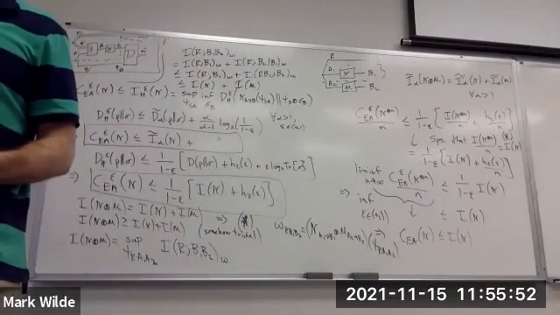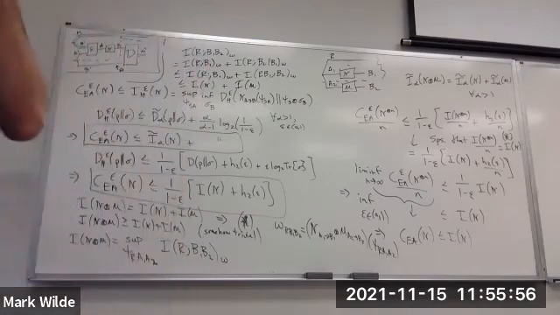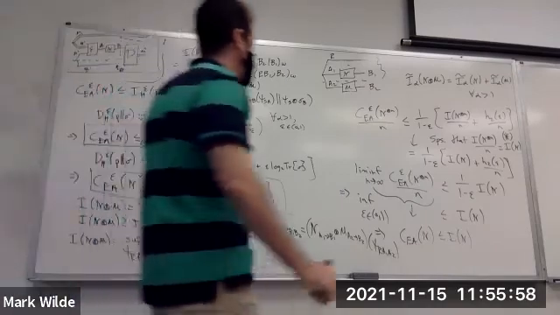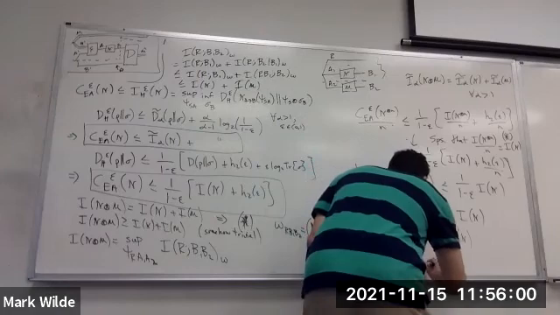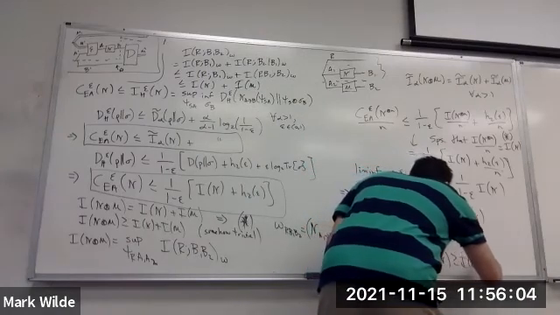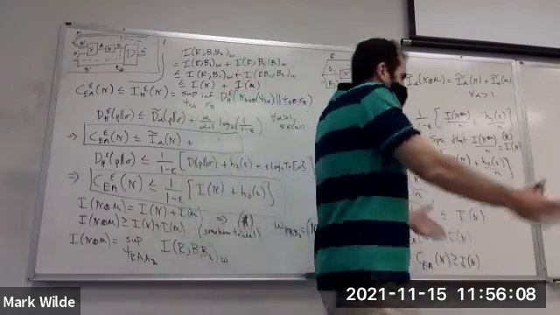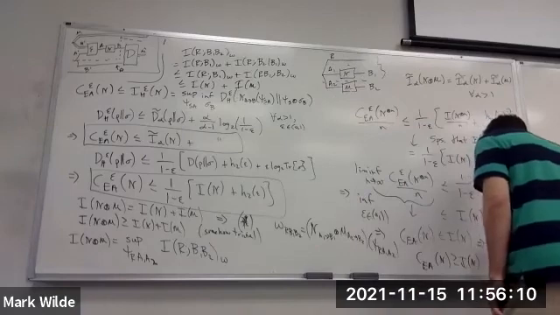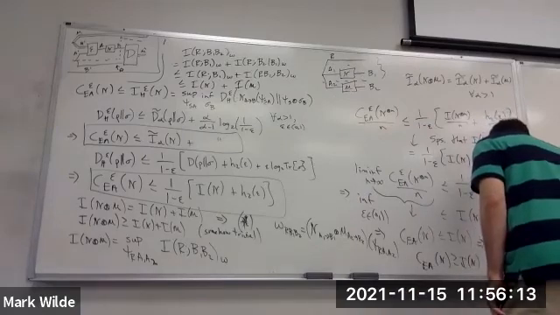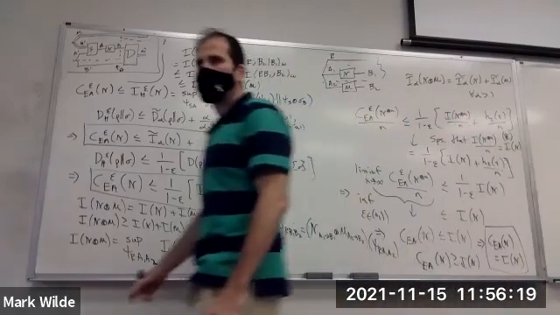All right. So that's it for this time. Next time we will prove this. So then, obviously, what that does is establish one of the key theorems of quantum information theory.